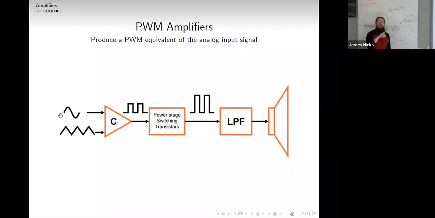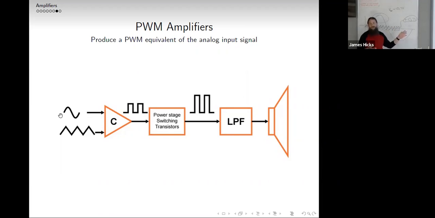If you were to build a conduction angle amplifier out of a transistor, those transistors dissipate an incredible amount of heat.